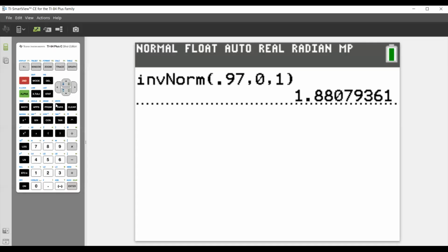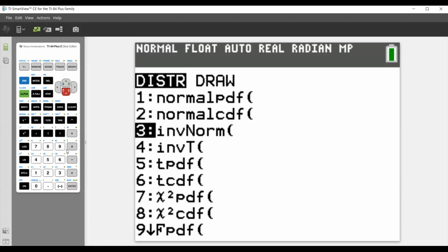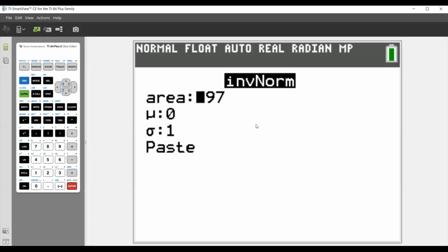Then we'll go to inverse normal. This time I'll just type in 1 minus 0.01. 0.01 is 1%. So the area to the right is 1%. The area to the left is 99%. And I'm typing it in this way this time.